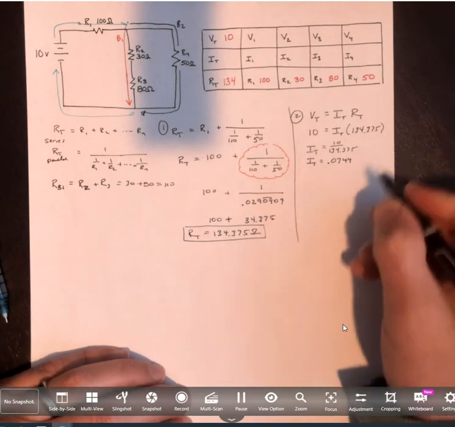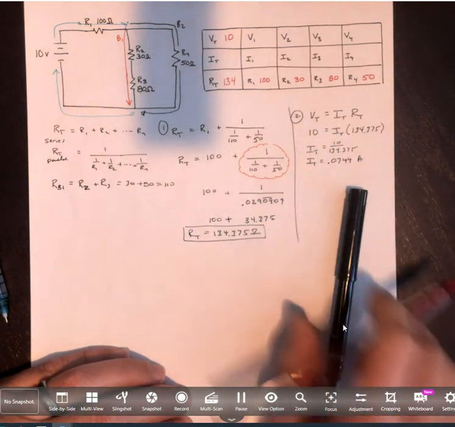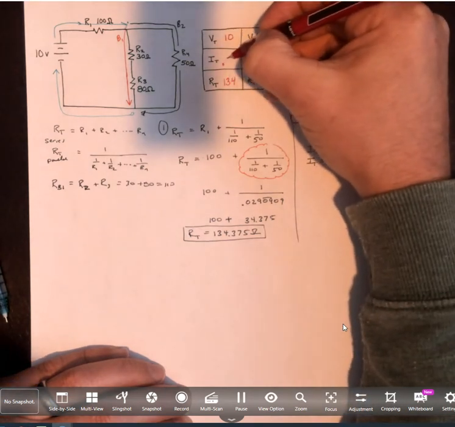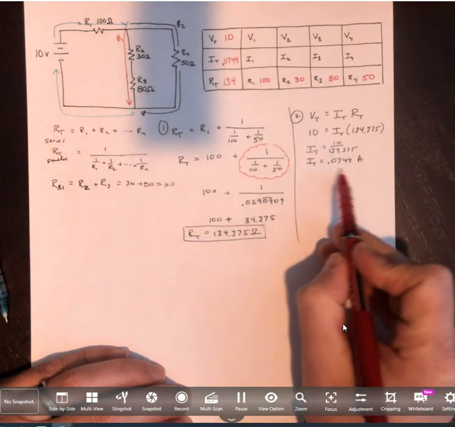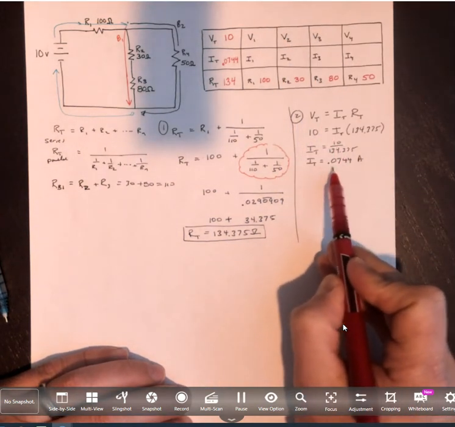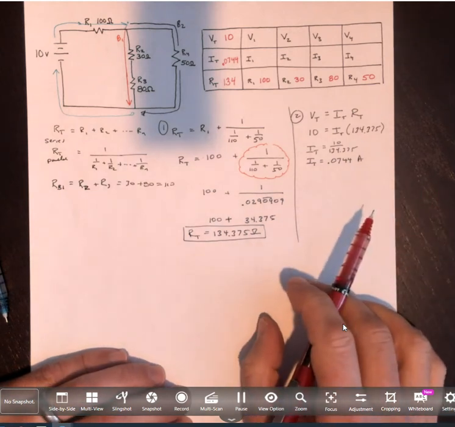It does not round up, and that's current, so that's amps. I'm using red in my table just so it's a little easier to spot. So that's 0.0744. Now, we're talking pretty small numbers here, so if I round to just 0.07, that's a fairly significant difference, so I don't want to be too quick to do that.